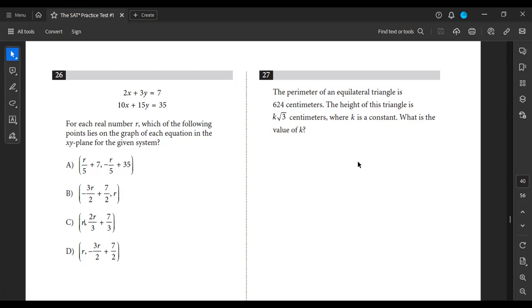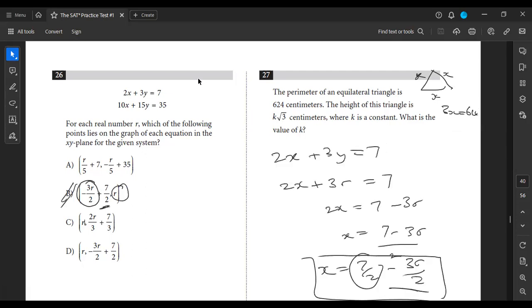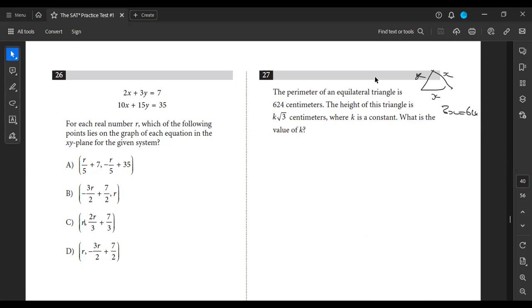And then finally, our last question. The perimeter of an equilateral triangle. An equilateral triangle is basically a triangle with three sides that are equal, 624 centimeters. If we add this side plus this side plus this side, our total is going to be 624.